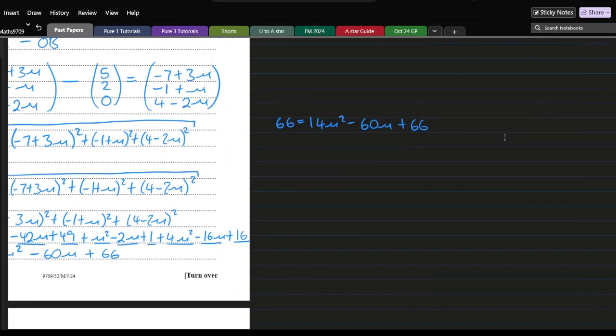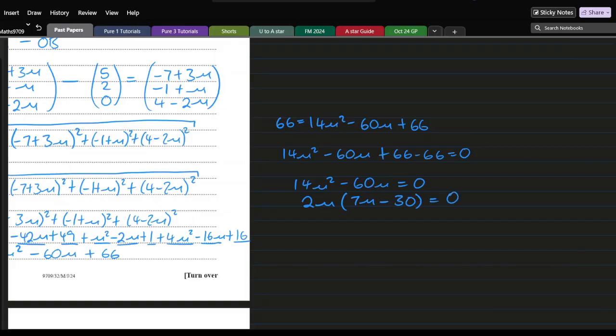Alright, so let's put everything on one side. That's 14 mu squared minus 60 mu plus 66 minus 66 equals 0, so 14 mu squared minus 60 mu is equal to 0. We can factor out 2 mu, and in the bracket we've got 7 mu minus 30, and this is equal to 0.